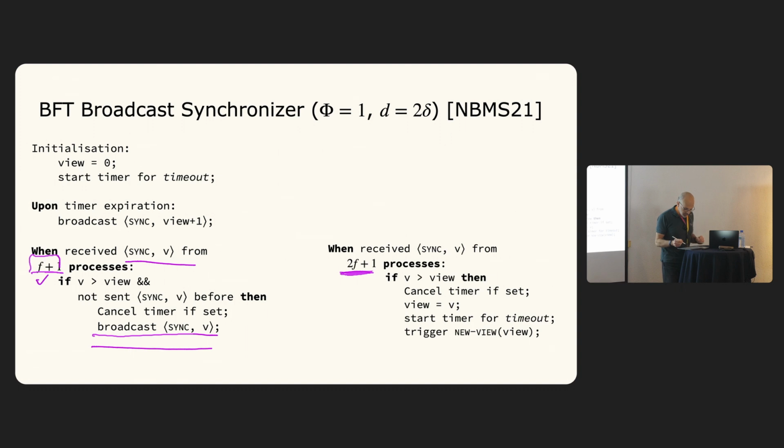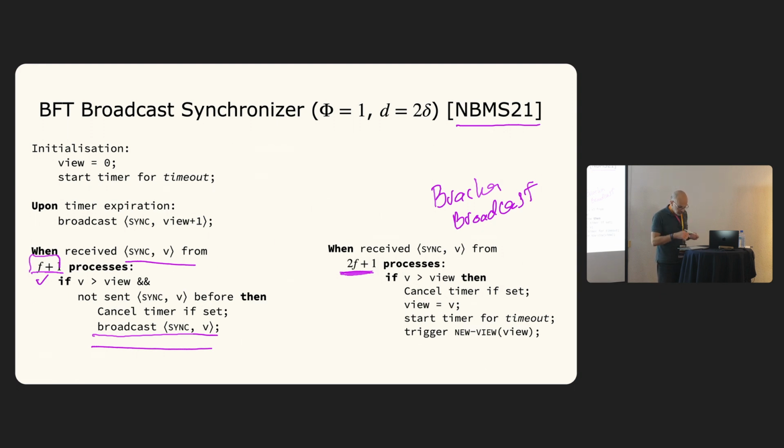So some of you might be familiar with the thing called Byzantine broadcast, or Bracha broadcast. This is very similar to how that works. This synchronizer was first proposed by Naor, Baudet, Malkhi and others in 2021, in the Cogsworth paper.